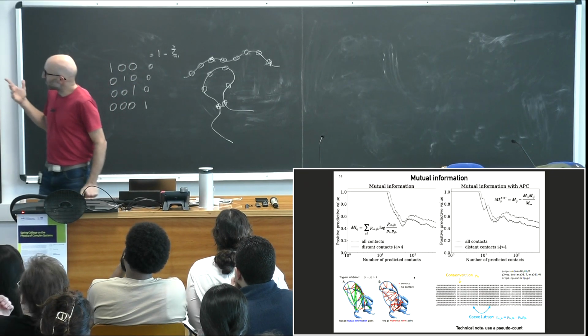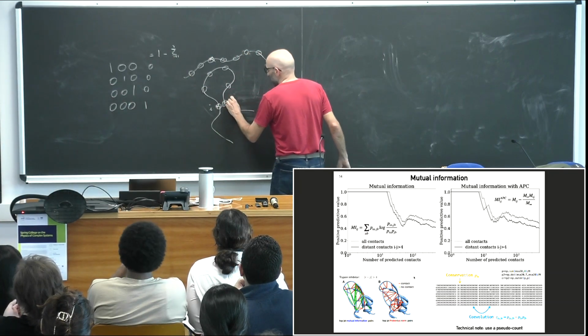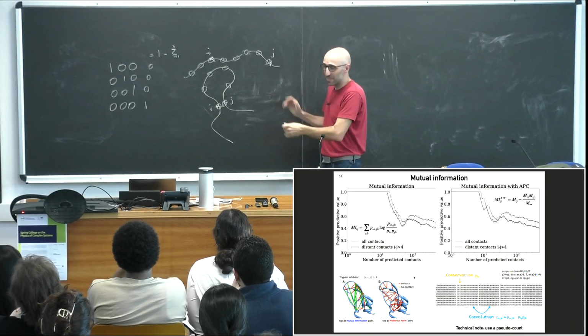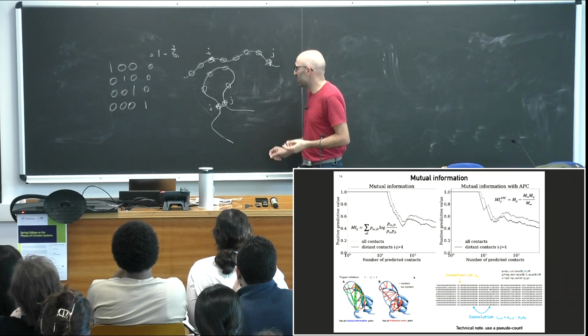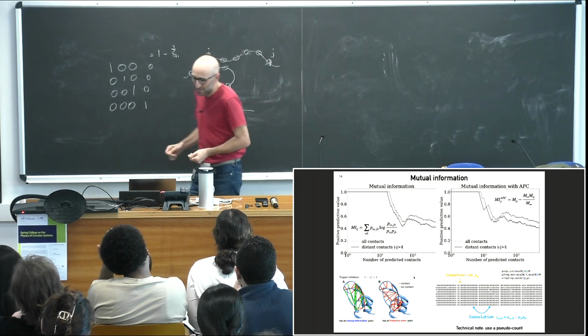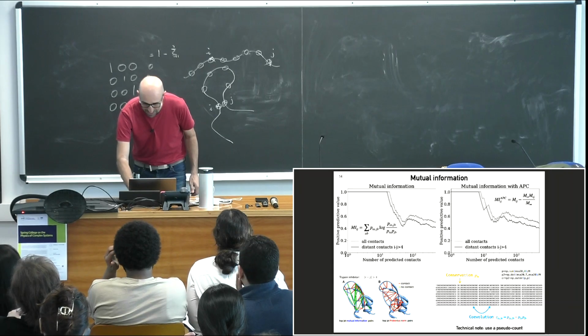So what you want to do is to fix the I and J indices that give you the site, but then you want to average over the amino acids that you can have on that pair. A way of doing that is using mutual information that we defined at the beginning.